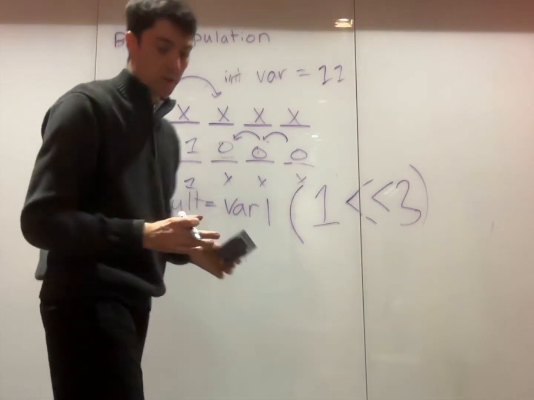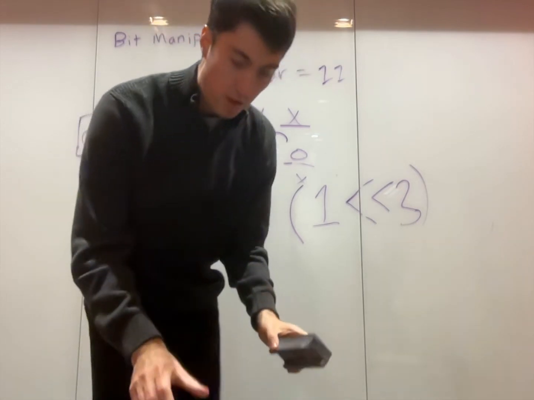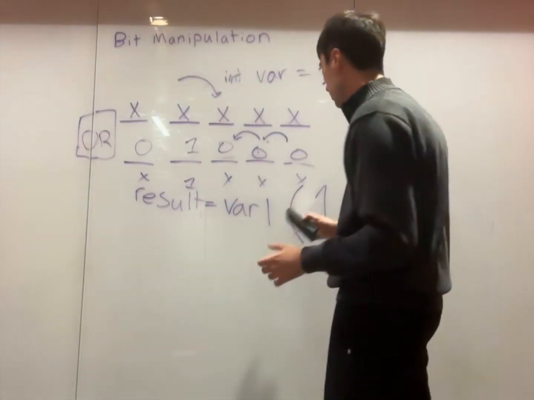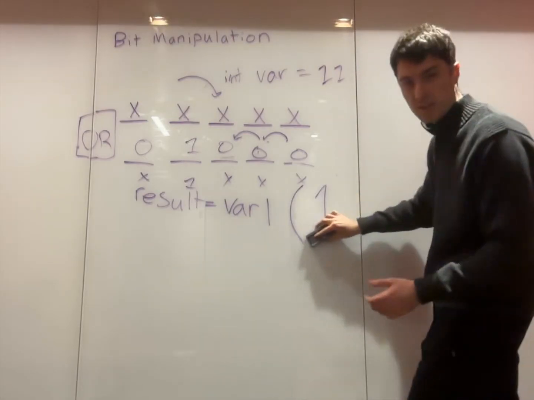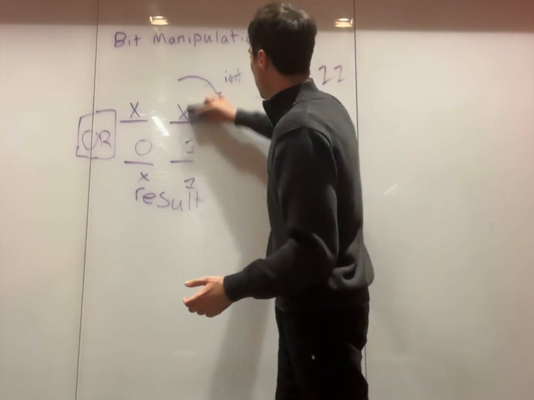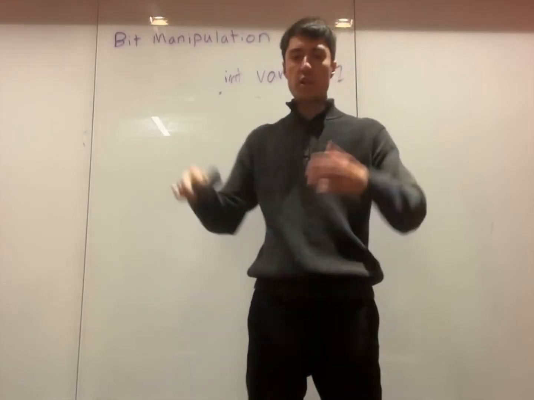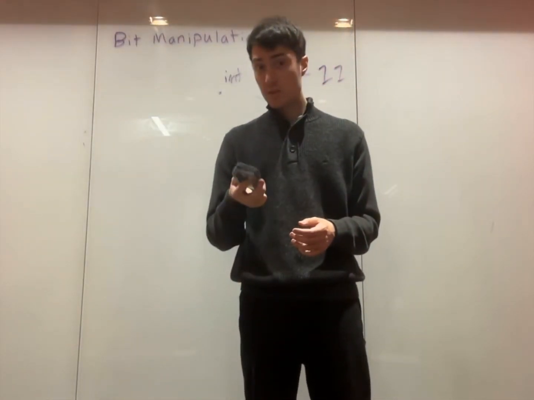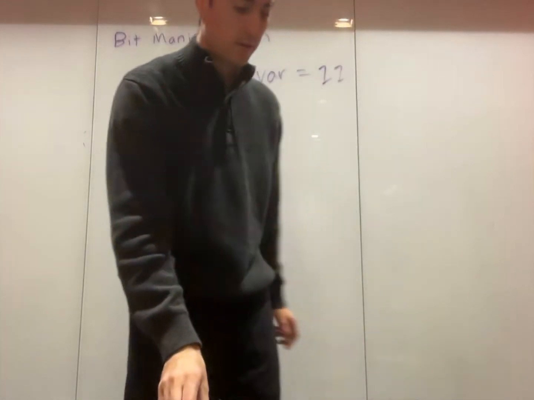Another thing people talk about during bit manipulation, and you might get these in coding interviews, is they will say, check if this place is set. So what does that mean?